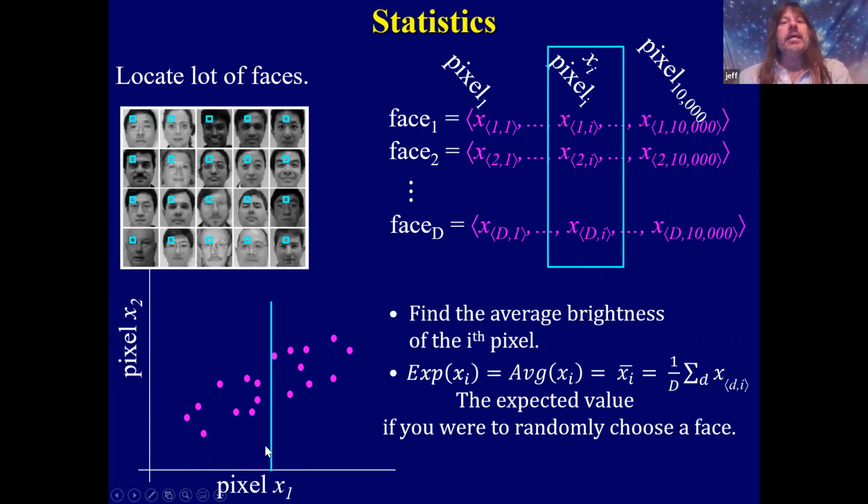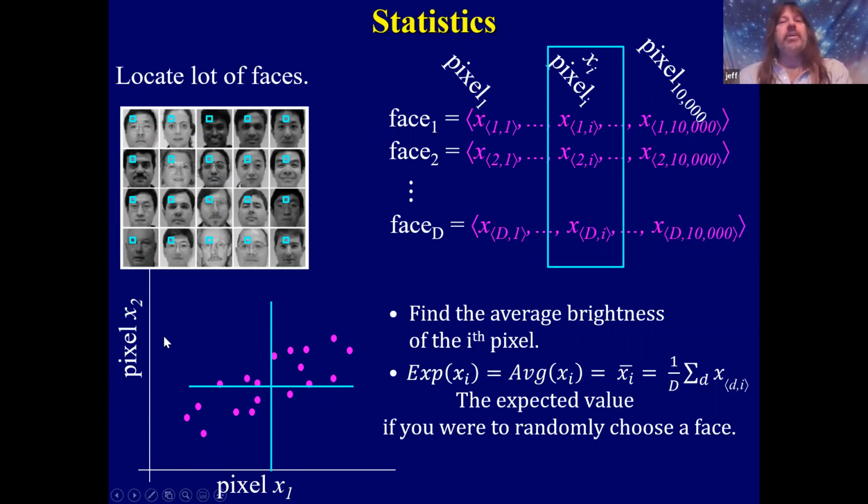And here in the picture, you can see for all of these brightnesses, this axis tells me how bright the first pixel is. So the average value, if you just look at the brightness of the first pixel, is that average. Similarly, this is the average brightness of the second pixel.